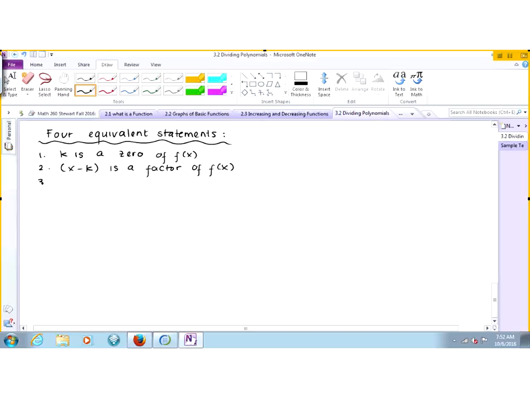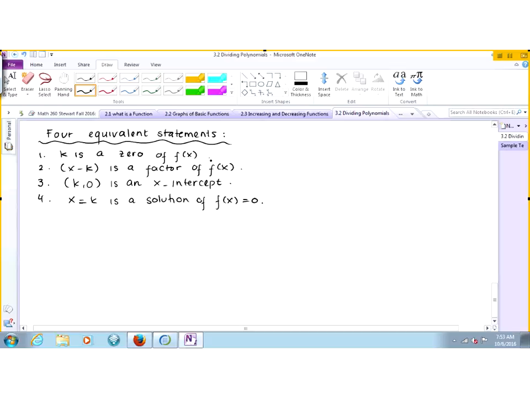So these are all equivalent. Two more. 3: k comma 0 is an x-intercept. And then the last one, hold on. 4: x equals k is a solution of f of x equals 0.